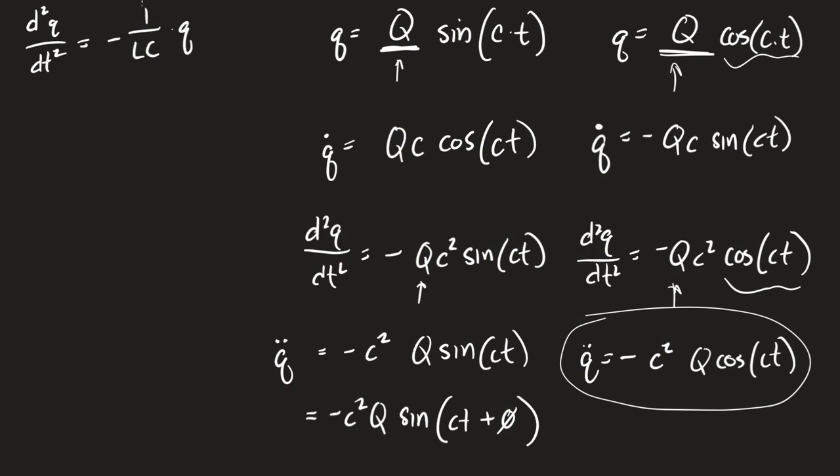In this equation, do you know where the C squared is? 1 over LC is C squared. That's exactly right. So C is the square root of 1 over LC.